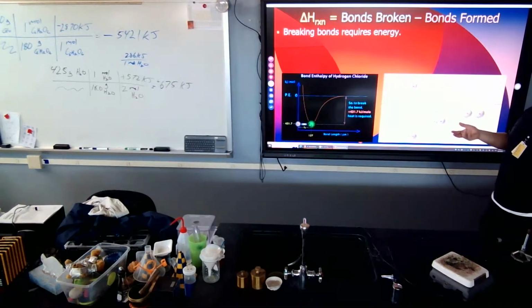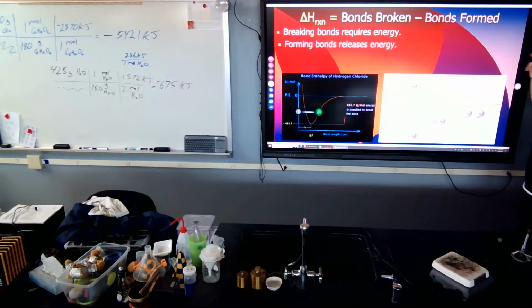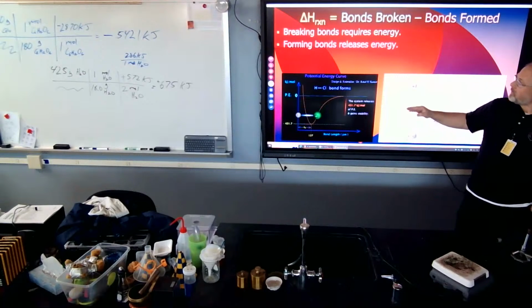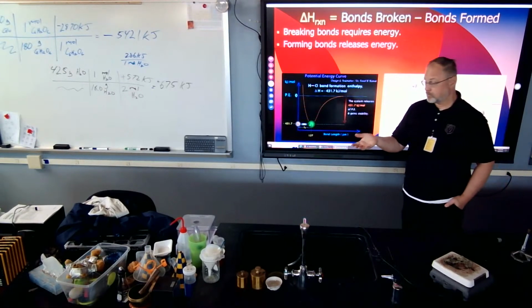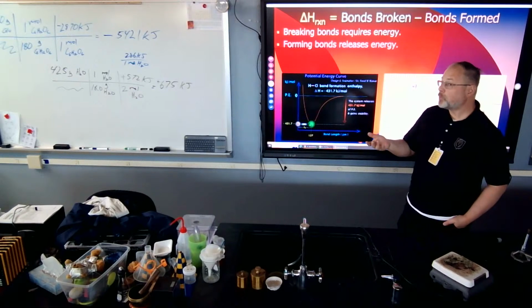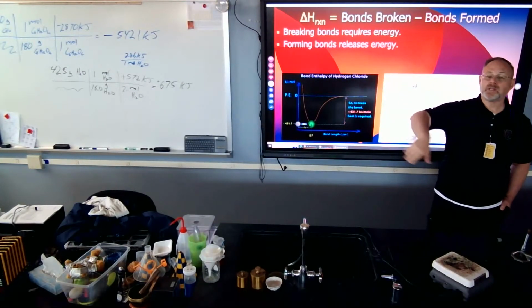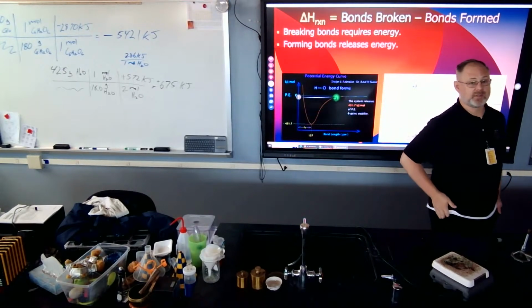So breaking bonds is bringing them back up to 0. Forming bonds releases energy. Breaking bonds requires it. So if you allow the hydrogen-chlorine bond to form, it will release back to you 437 kilojoules.